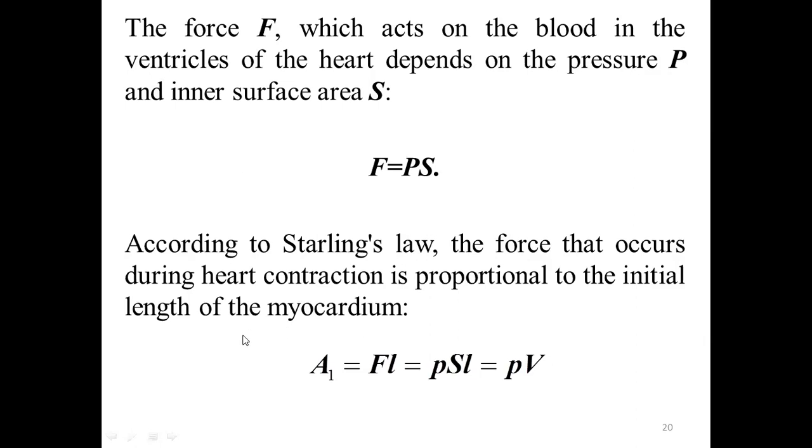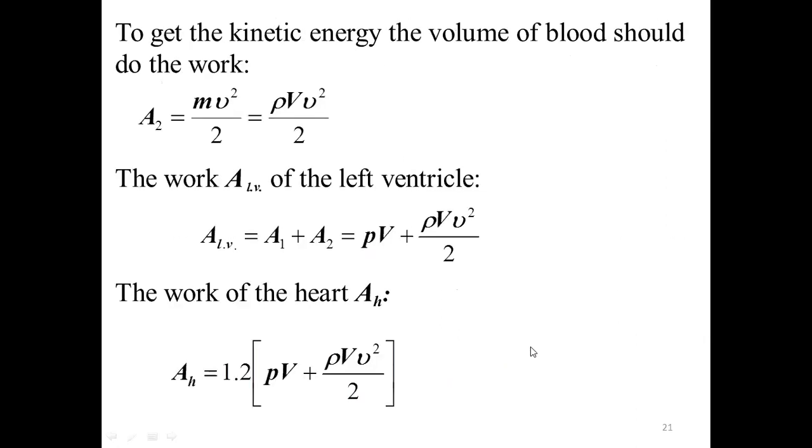According to Starling's law, the force that occurs during heart contraction is proportional to the initial length of the myocardium. So we can substitute the definition of force as the product of pressure and surface area, and the product of surface area and the length of the myocardium gives us volume.